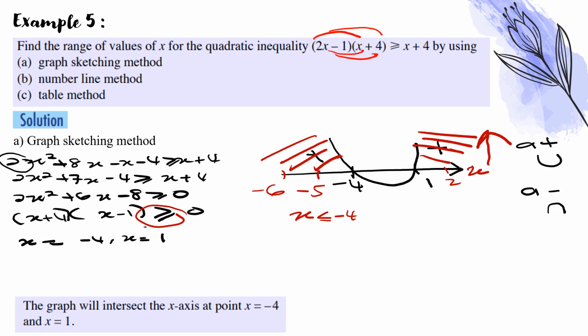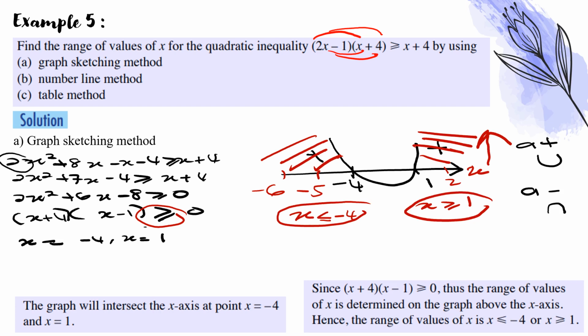So x is more than or equal to 1. So these two ranges are your answer. Okay, the range is determined above the x-axis since the inequality is more than. If the inequality is less than, you should consider the negative part. So the negative part is here.